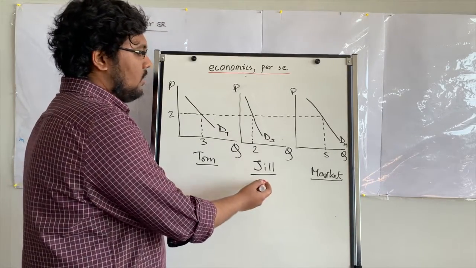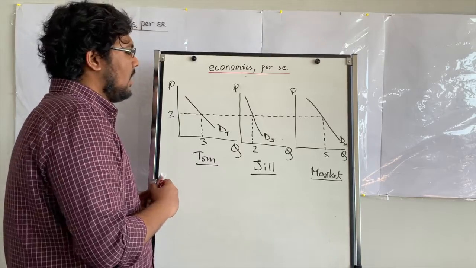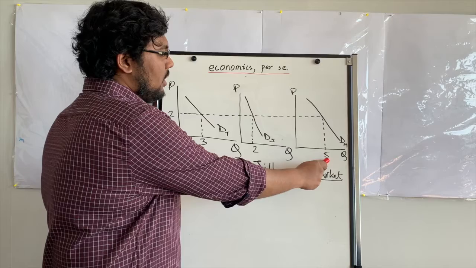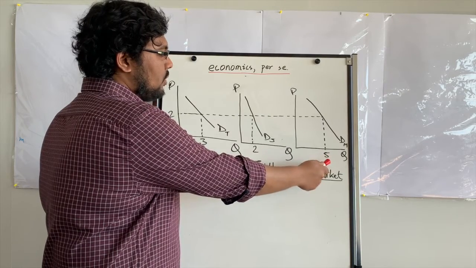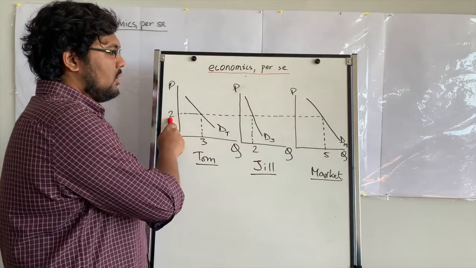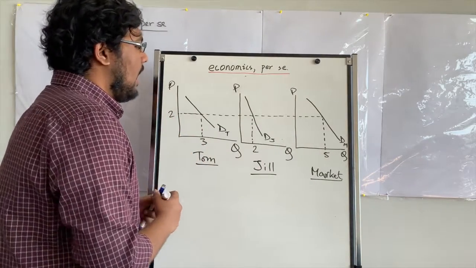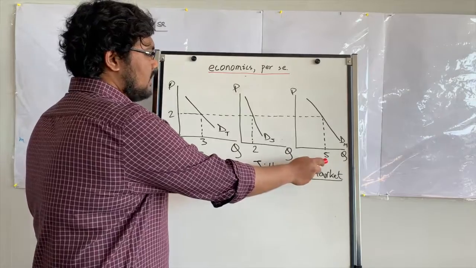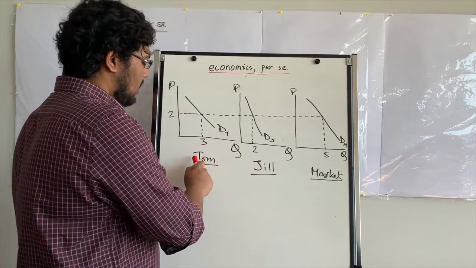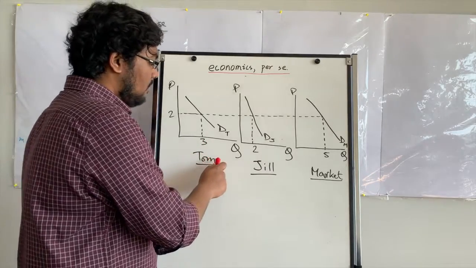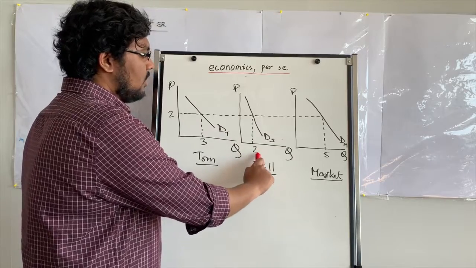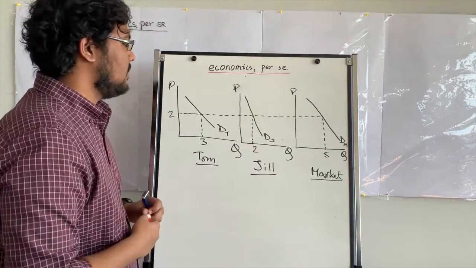One is Tom and the other one is Jill, and collectively they consume five kilograms of apples at a given price of $2 per kilogram. And they divide this collective number among themselves, where Tom consumes 3 kilograms of apples and Jill consumes 2 kilograms of apples.